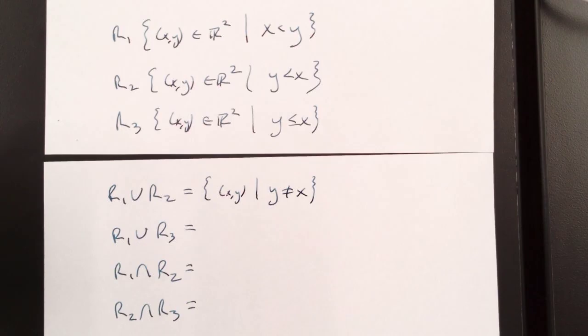What about R1 union R3? It's either x is less than y, or x is bigger than or equal to y. That's everything, isn't it?